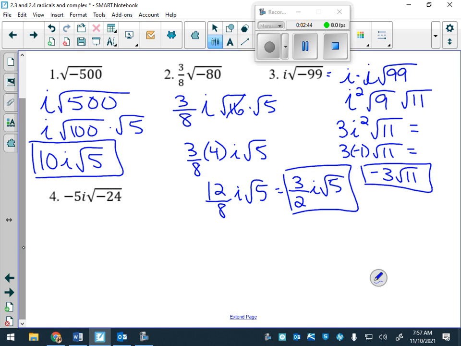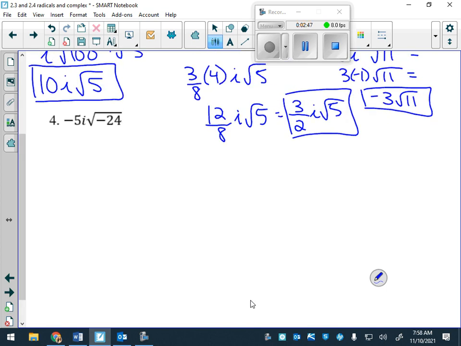Now let's look at number 4. Okay, we have -5i already on the outside. What comes out first? Yeah, another i, good. We have 24. So we have -5i squared. What are two factors of 24?